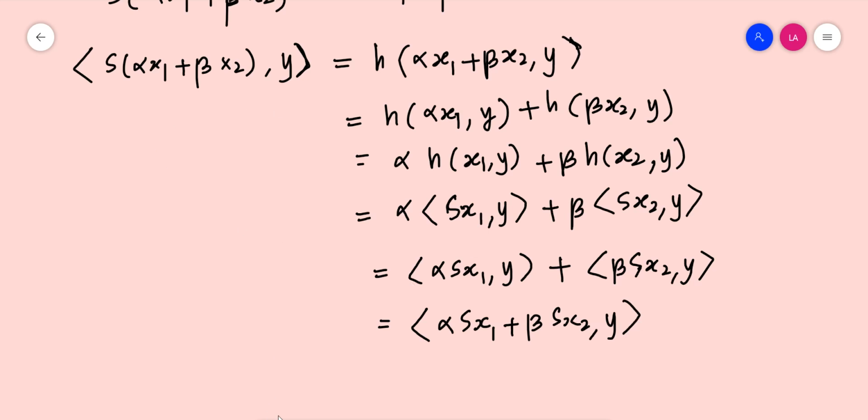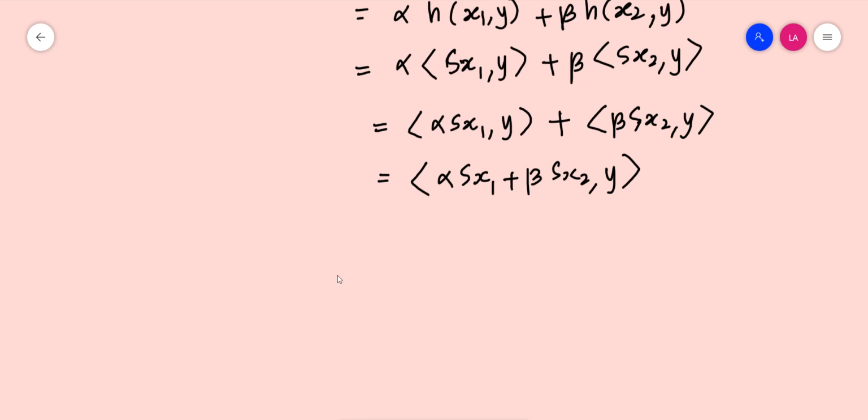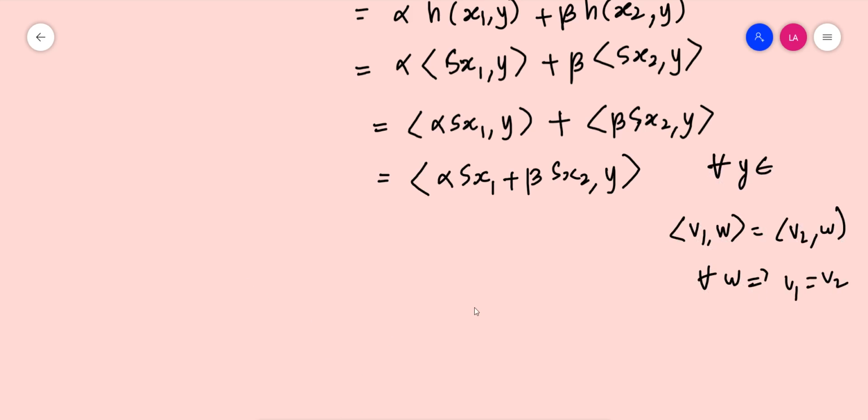Now we have already established that for every w, inner product v1, w is equal to inner product v2, w for all w implies v1 is equal to v2. This is true for all y element of H2.